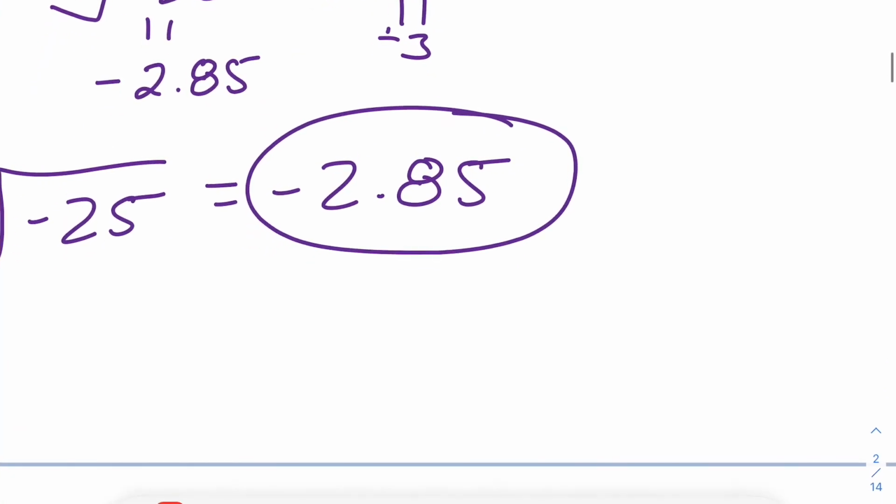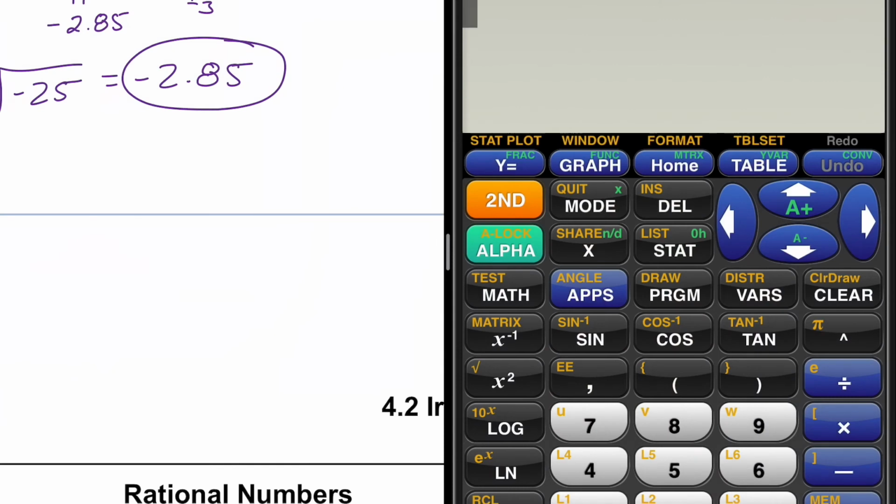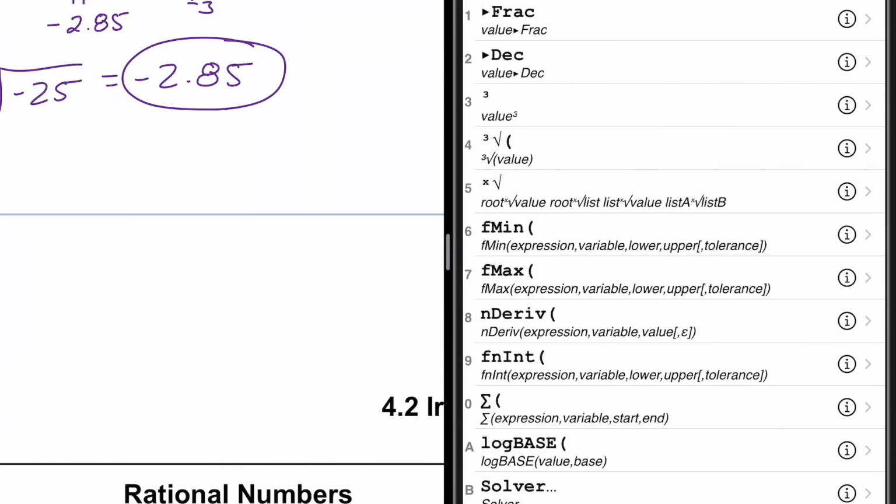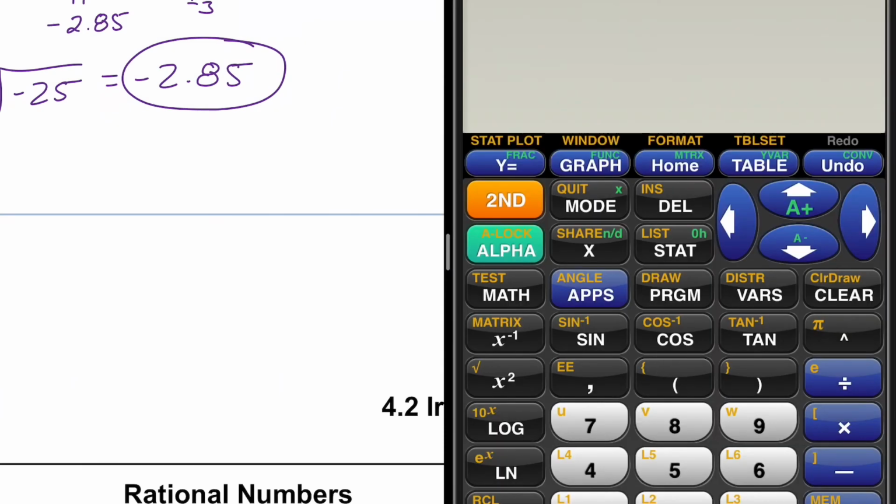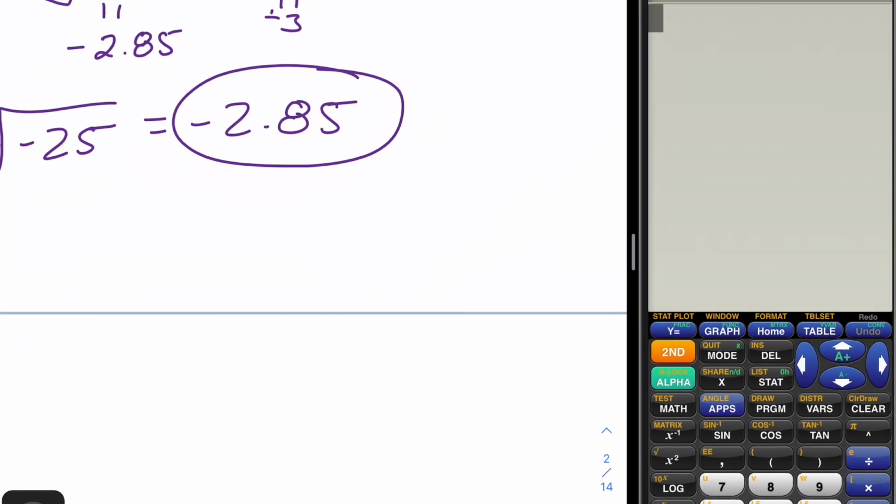So let's maybe pull out a calculator and see what it actually is, see how close I got. So I'm going to press math, and then I'm going to press 4 here, negative 25. And would you look at that? I was pretty darn close. Negative 2.92, negative 2.85. So realistically, I would give this a correct answer because you're really only 0.07 decimals off, which is pretty darn good.